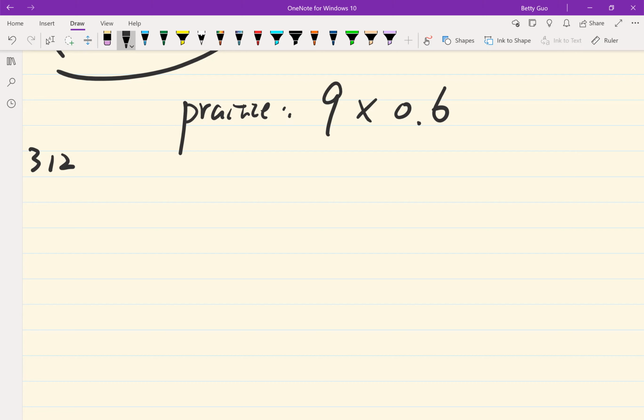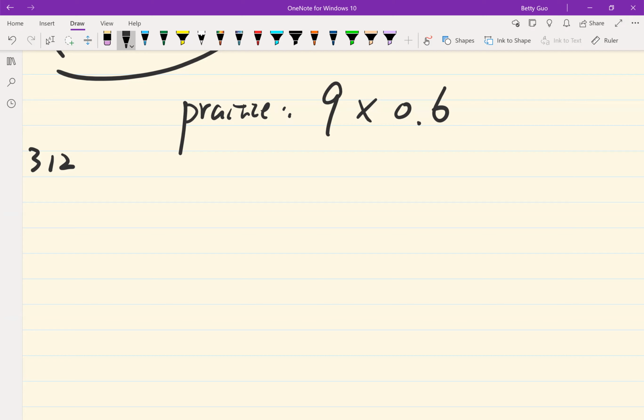Yeah, 0.5 is half, right? So if you multiply a number by half, you get half of the number. What's half of 9? Half of 10 is 5, right? If you have $9, what's half of $9? $4.50, right? So the answer is supposed to be close to, not exactly, of course, 4.5. So let's see what you have.